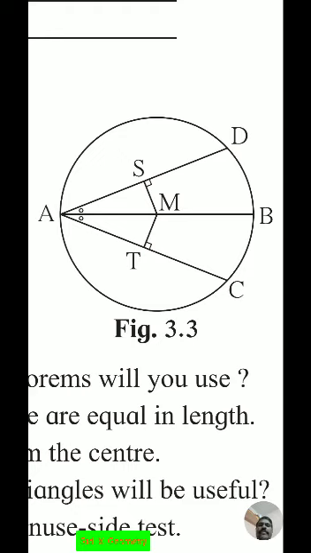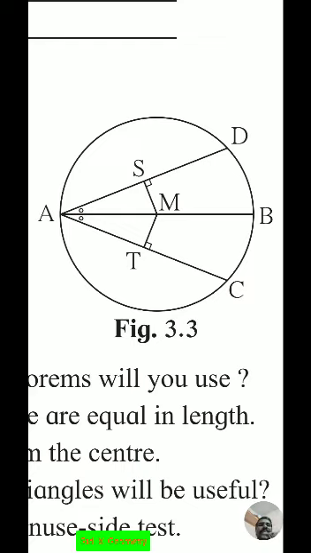In this, AM is the radius and one of the sides of these two triangles. Then AS and AT are the two sides which are congruent, because in both the right angle triangles, if the hypotenuse is the same, then obviously the pair of these two sides is the same. That's why these two right angle triangles are congruent.